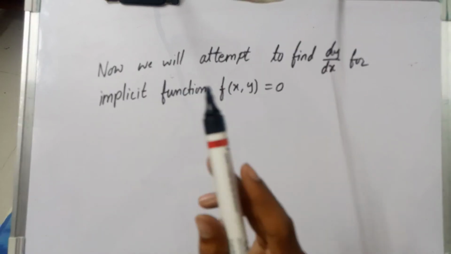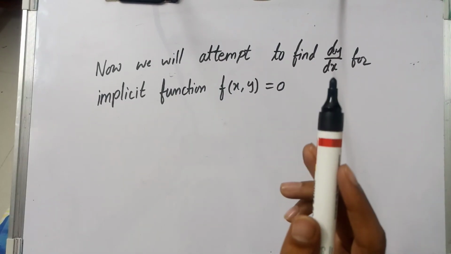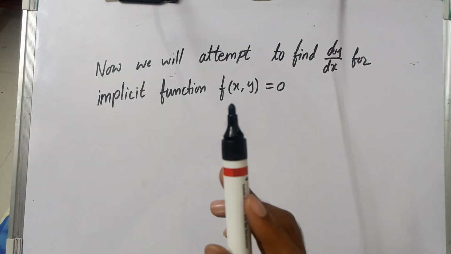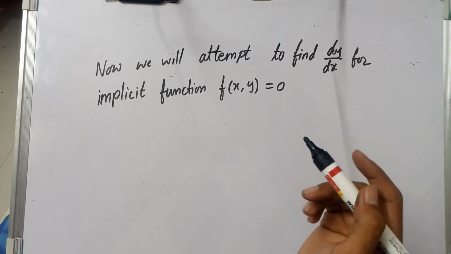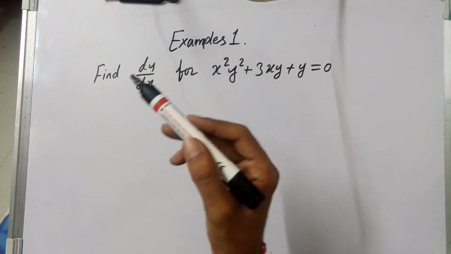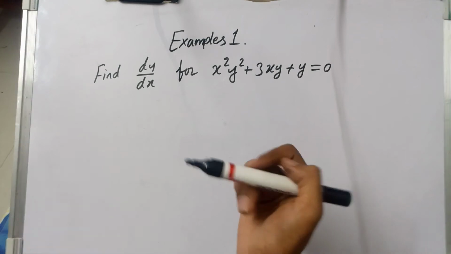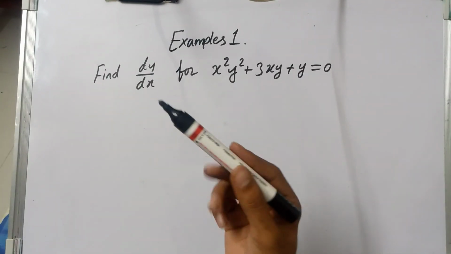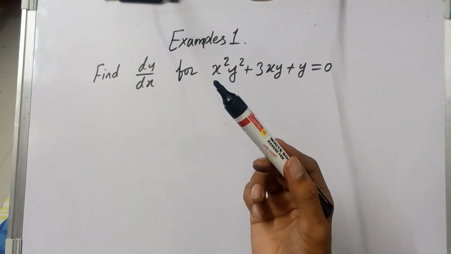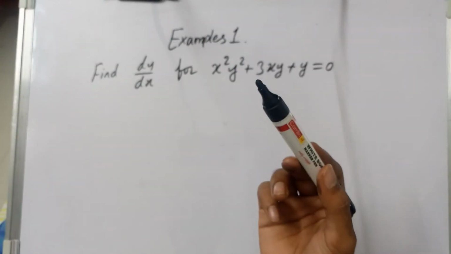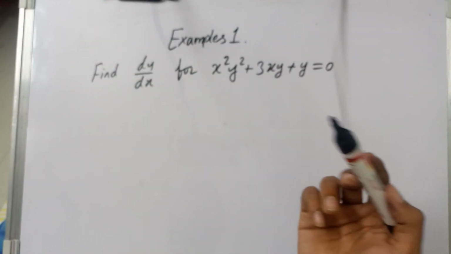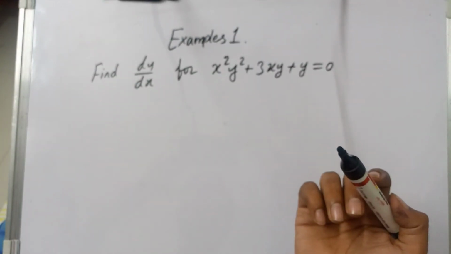Now we will attempt to find dy by dx for implicit function f(x, y) equal to 0. Example first, find dy by dx, derivative of y with respect to x, for x square y square plus 3xy plus y is equal to 0.